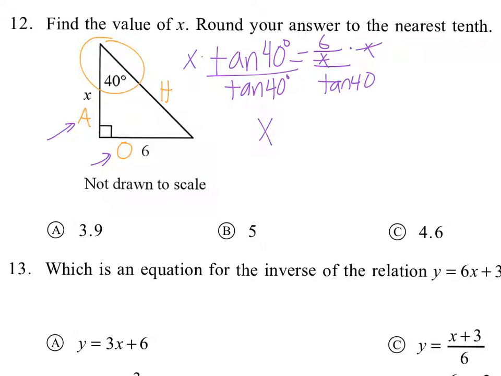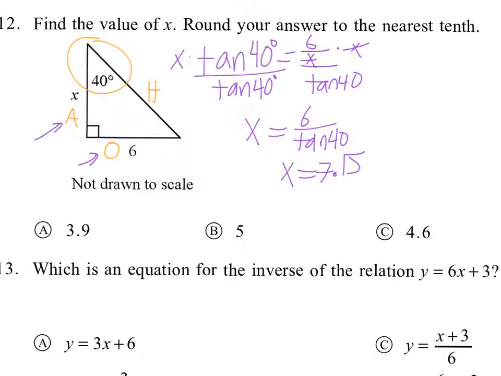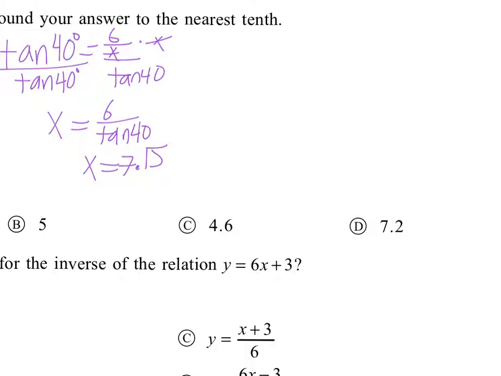We get x is equal to 6 divided by the tangent of 40. When I do that out, we get x is equal to 7.15. And in looking through my answers, that appears to be answer D.